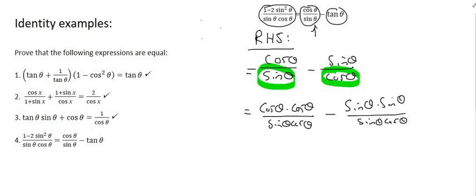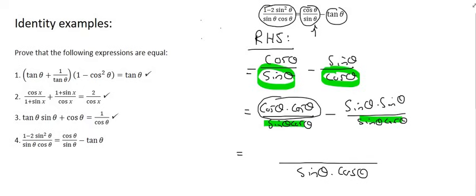Now the two denominators are the same, and so we can combine these two fractions with one denominator, and that one denominator is going to be sin theta times cos theta, and then cos times cos is cos squared theta, sin times sin is sin squared theta.